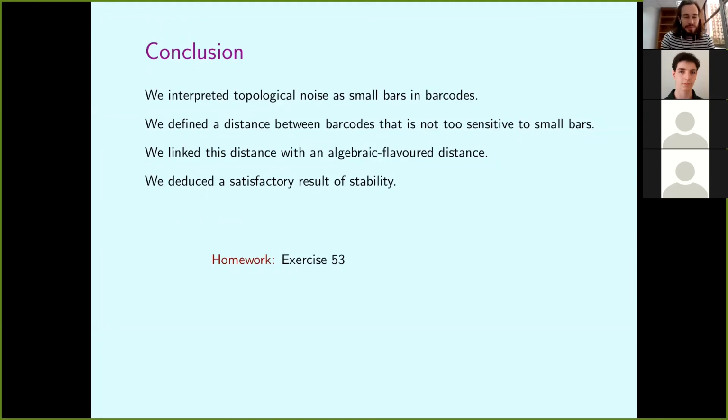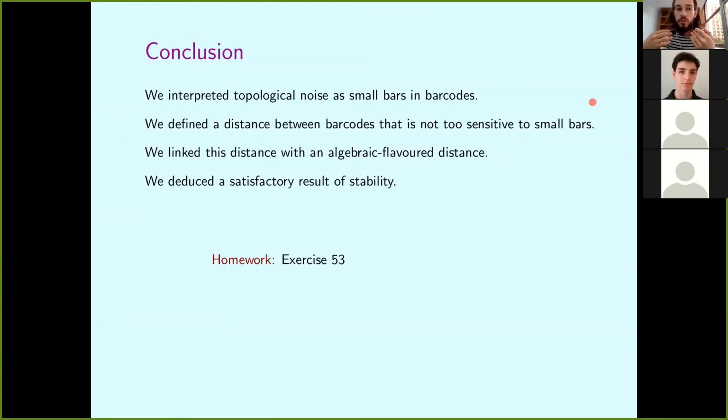So we conclude. I showed you today how topological noise, as we said yesterday, corresponds to small bars in the barcode. We defined the bottleneck distance, which is a supremum of the cost of matched pairs. So the bottleneck distance is not sensitive to small bars.